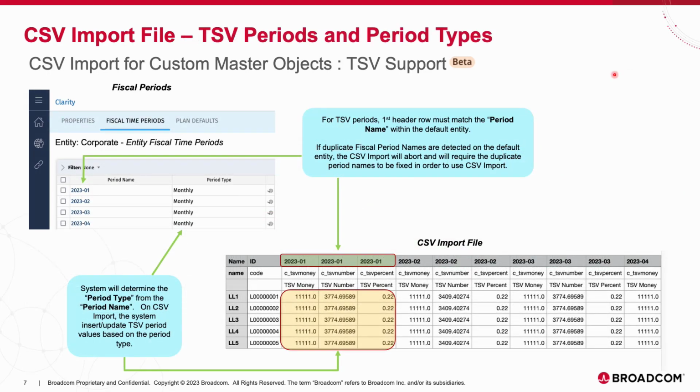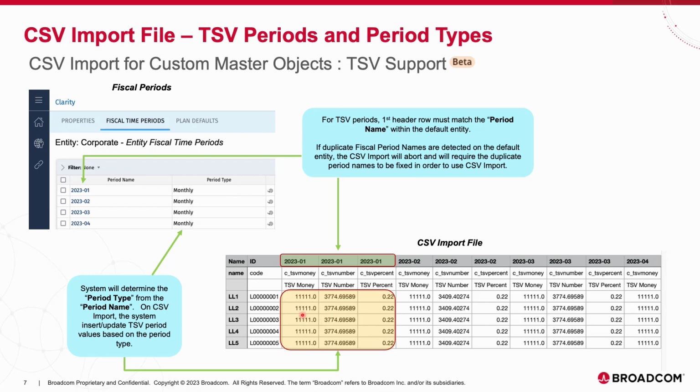As I mentioned previously, based on the TSV period name that you entered on your default entity, the system can determine the period type. It checks that against what you have defined on your default entity, and that's how it figures out the period type. Once it understands the period type, it'll know how to import that appropriately within Clarity.